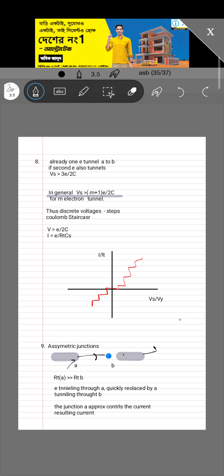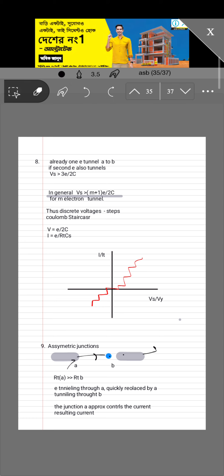So there won't be a situation where there will be any empty states. So the junction is approximately a current source. This results in approximately constant current.